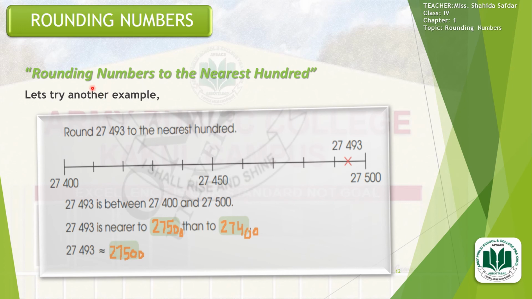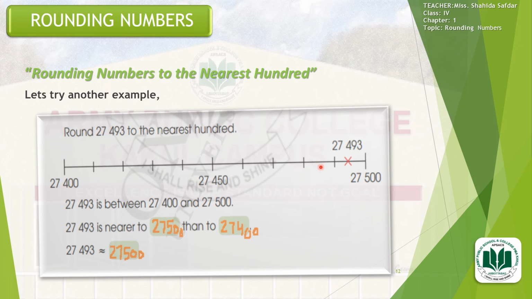Here we will learn how to round numbers to nearest hundred by using a number line. The example is: round 27,493 to nearest hundred. For this, we will draw a number line between 27,400 and 27,500.